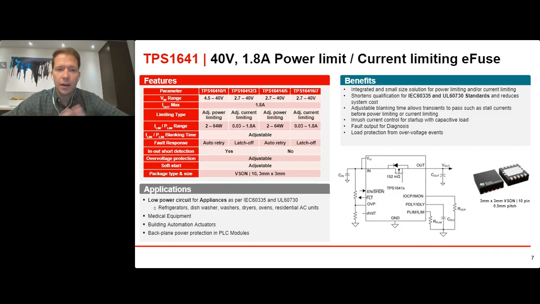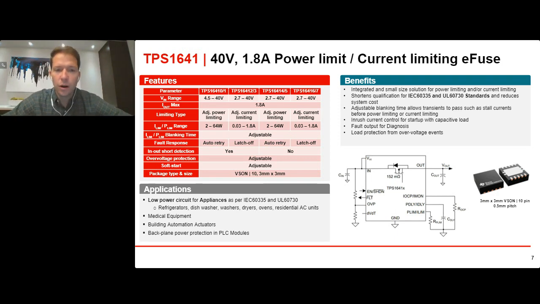So looking at an overview of the TPS1641, this device has in total 8 different variants. It's a 40 volt, 1.8 amp eFuse. The device offers adjustable current limit, adjustable power limit, as well as different fault responses, auto retry or latch off.